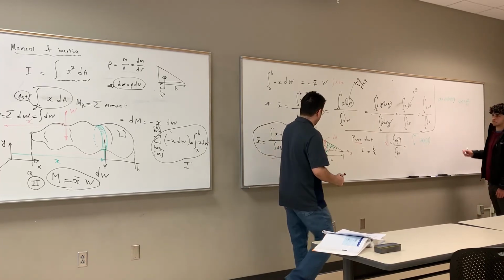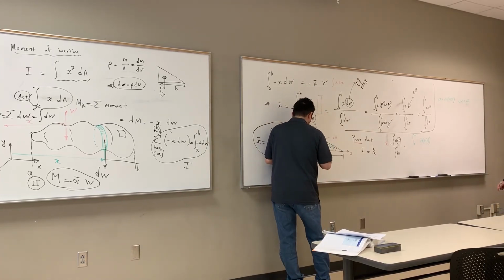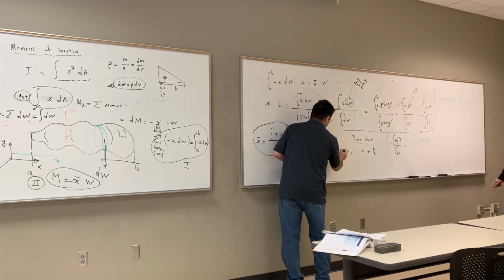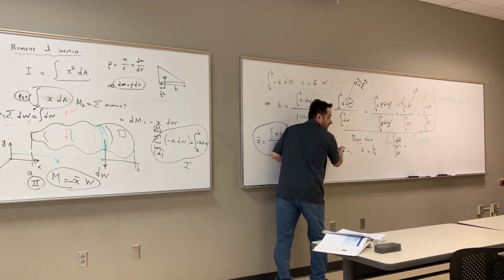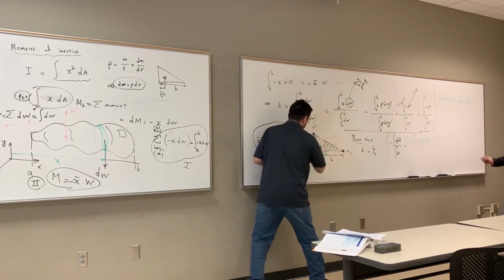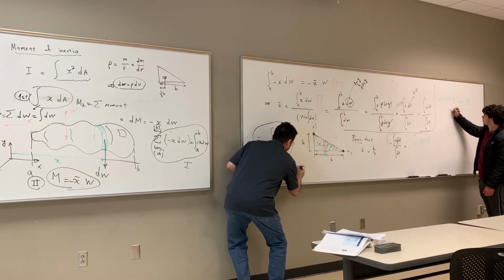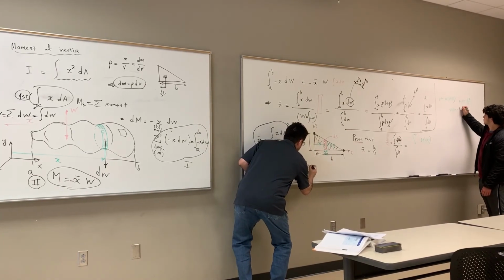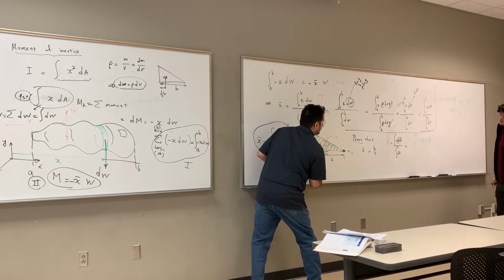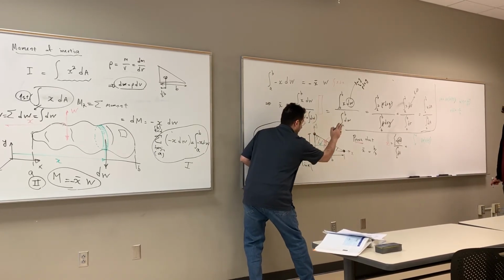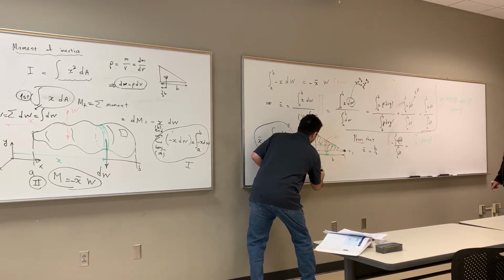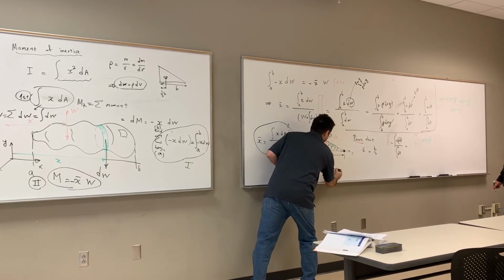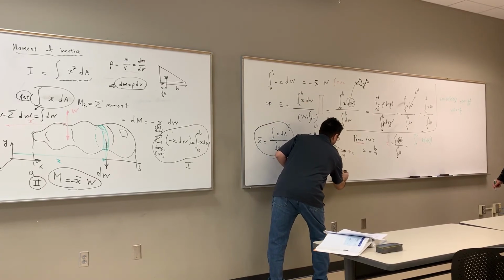No, the y of x is the equation of a line that goes through these 2 points. You see that? It's a line. A line starting from 0 and h, this point, and then goes through b and 0.